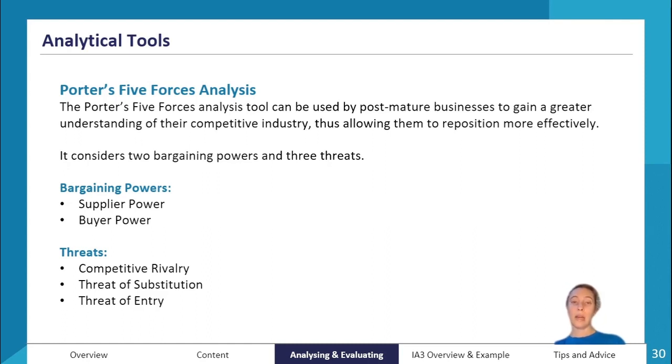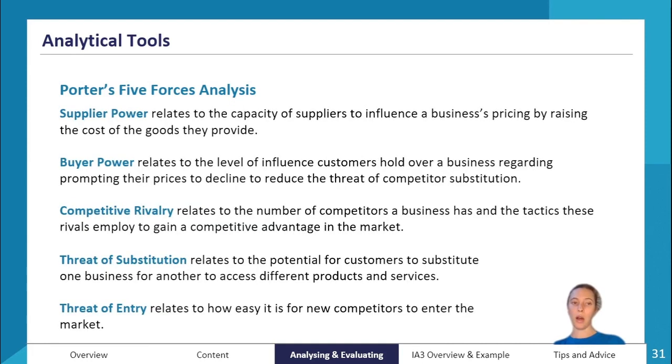The buyers refers to consumers. Competitive rivalry is that business-to-business rivalry. Threat of substitution is the threat of customers going between businesses, and the threat of entry is a new business coming into the mix to create a more saturated, competitive situation in the business environment.